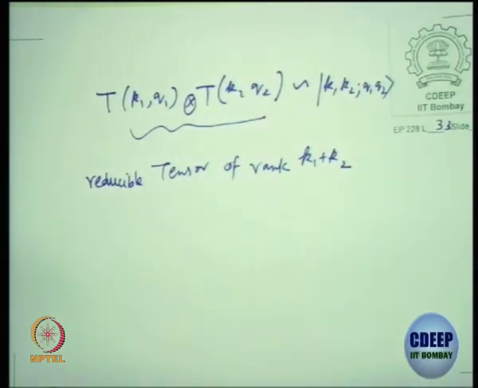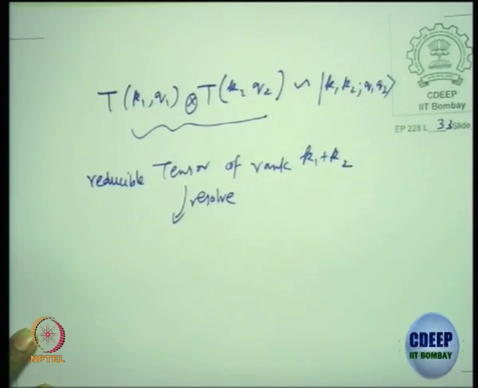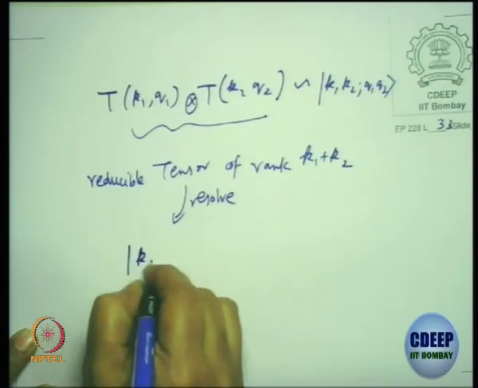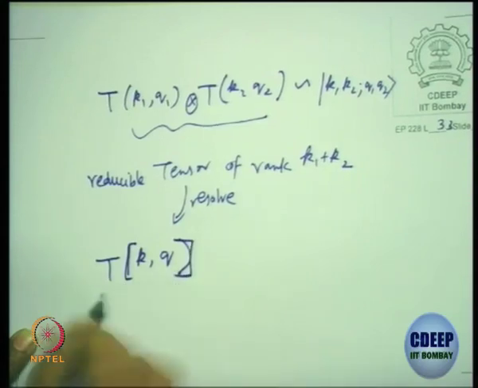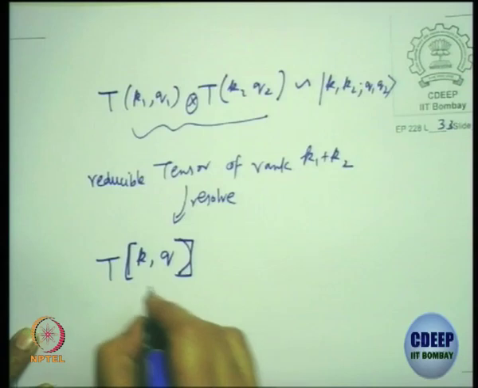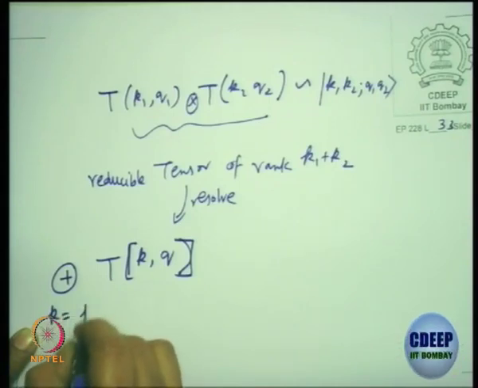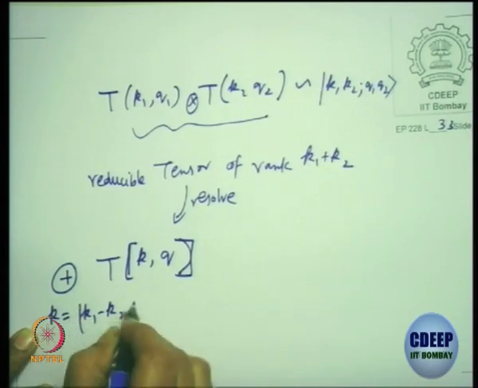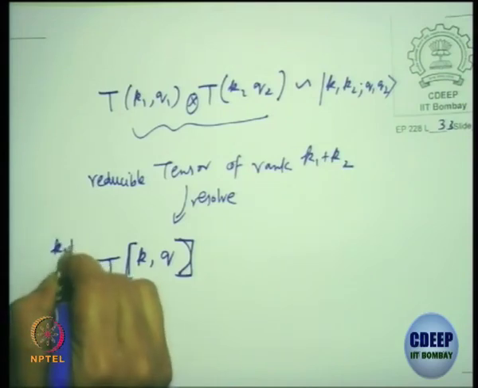What do I mean by reducible? It's a raw tensor where you have combined them, but now I have to resolve it with respect to the rotation properties. How will you resolve? Again using the same CG coefficients, and break it into T of k q. It is a linear sum going from k equal to mod of k1 minus k2 to k1 plus k2.